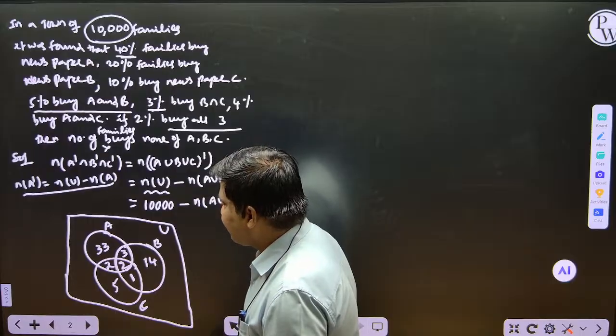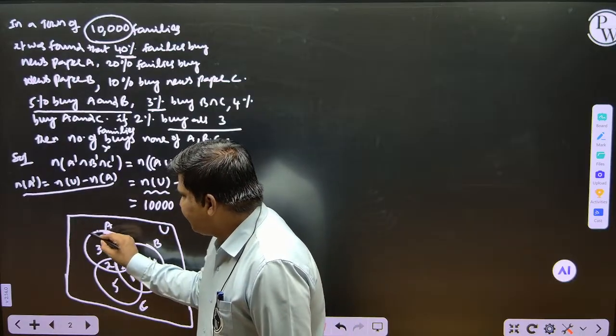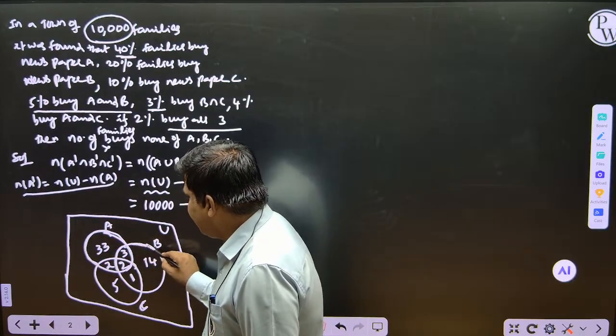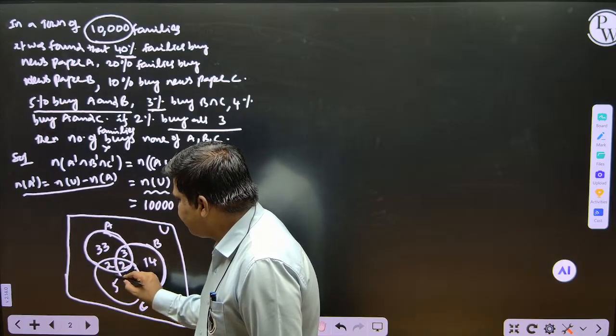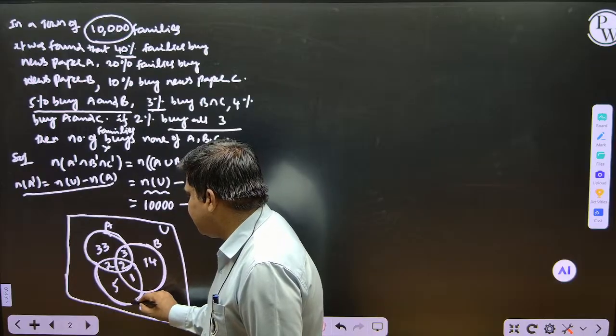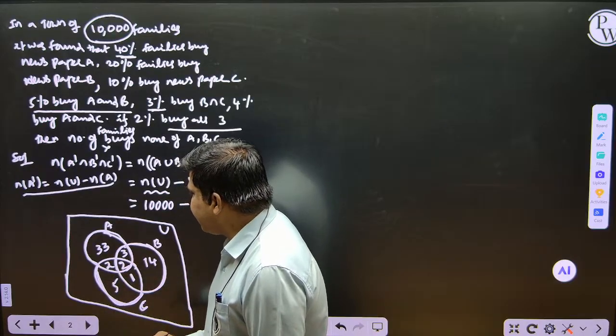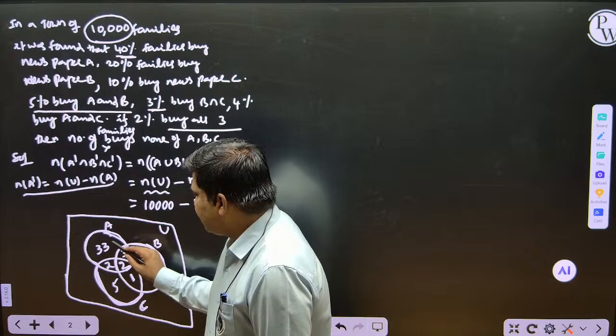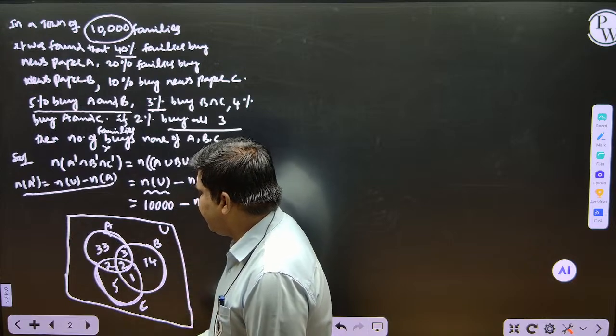Now what you have to understand is that only this part gives exactly reading one newspaper, that is 33, 14 and 5.